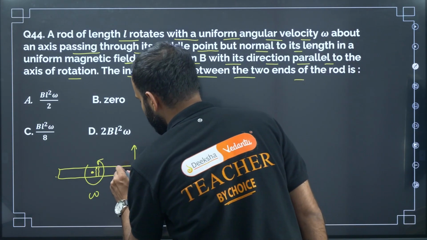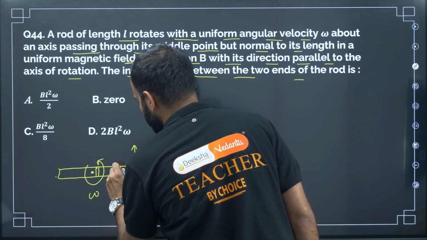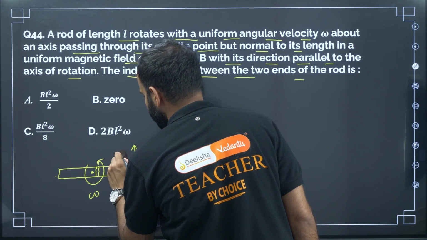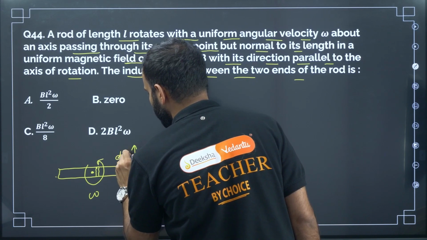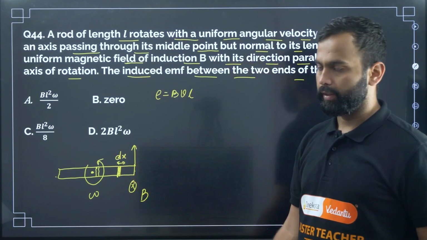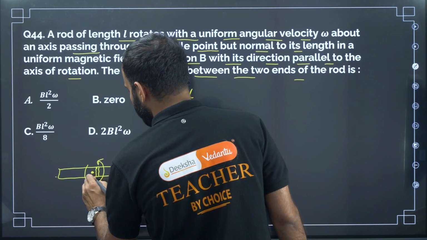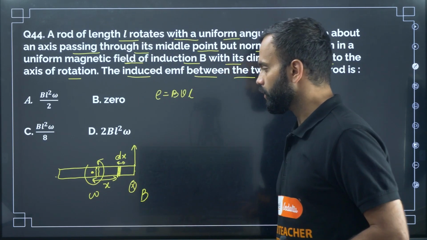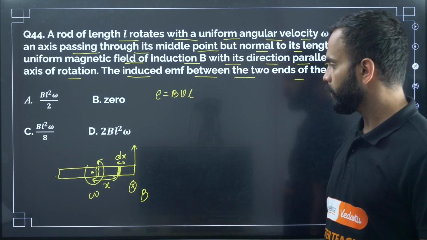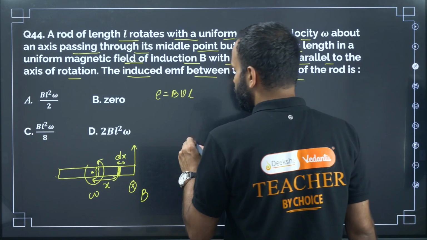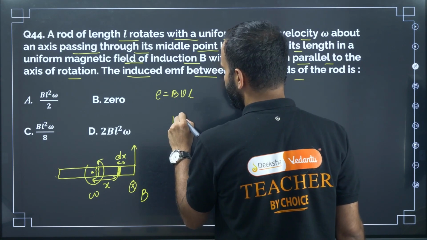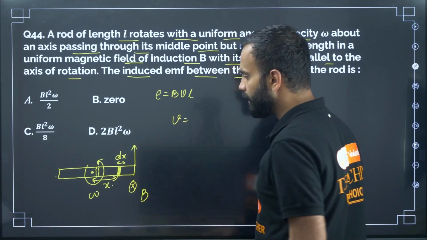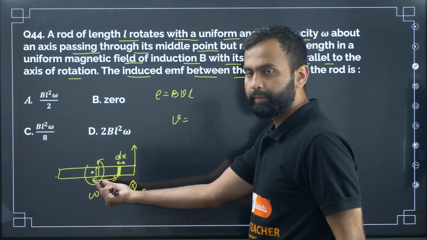So take one small element dx from this rod. Let x be the distance between axis of the rotation of the rod to the small element. So now here we know that v equal to omega into r. Here r is x, so omega is same for every small element, right?